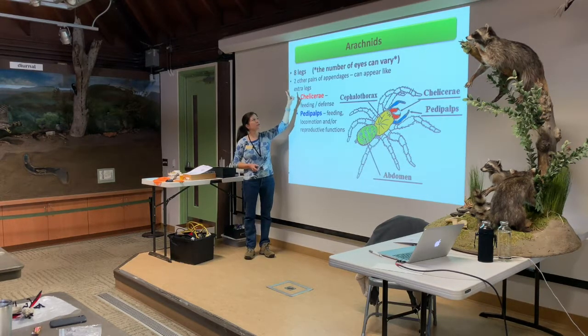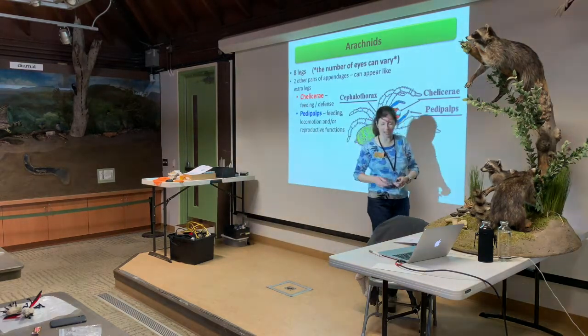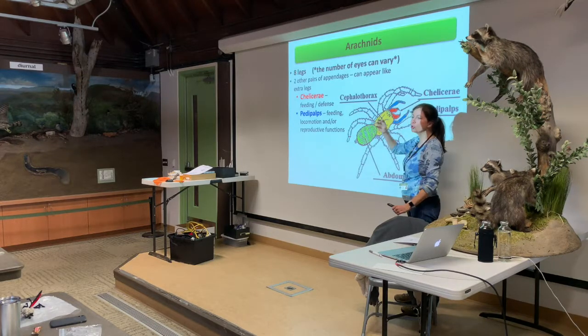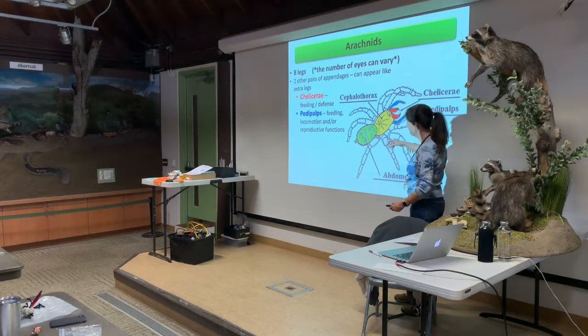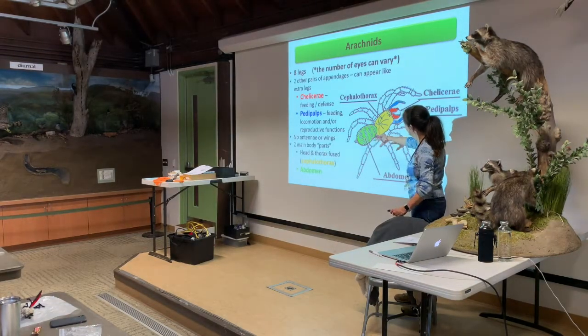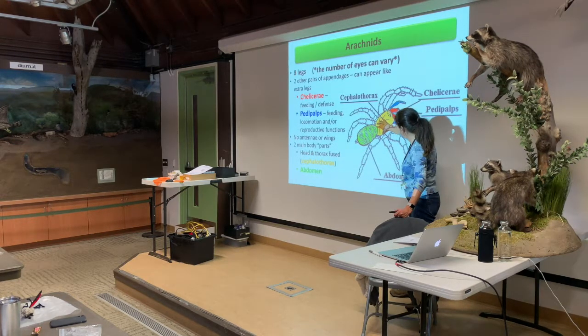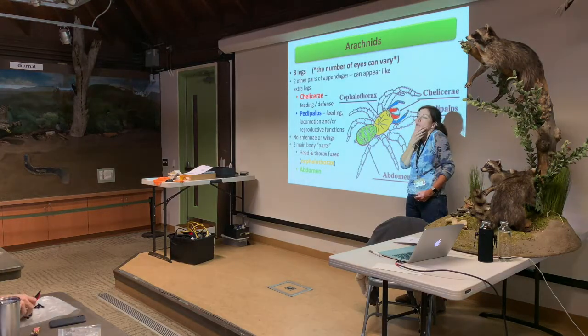In addition to those 8 legs, it has 2 other appendages. Now, in order to know where to stick these appendages, you kind of have to know a little bit about the structure of the body. So you should basically have 2 lumps of clay for your spider. The head and the thorax are combined into one unit. They're fused, the cephalothorax. So that would be kind of like if you had no neck.